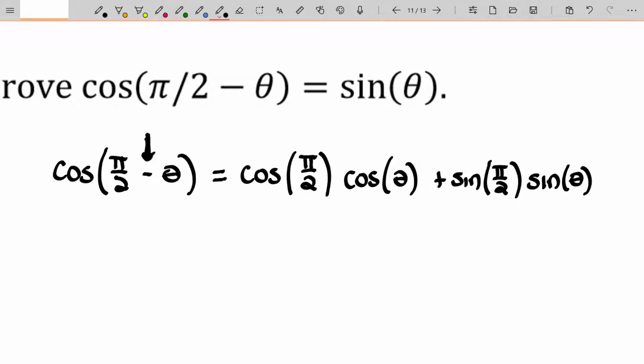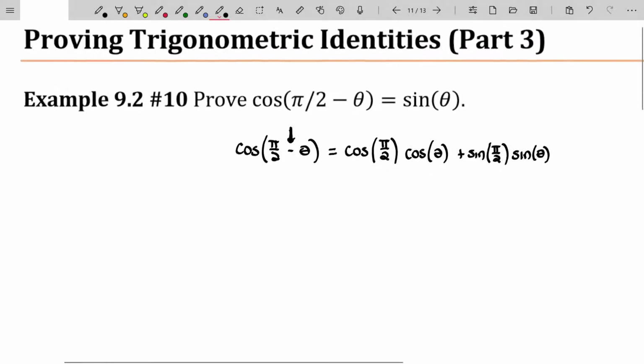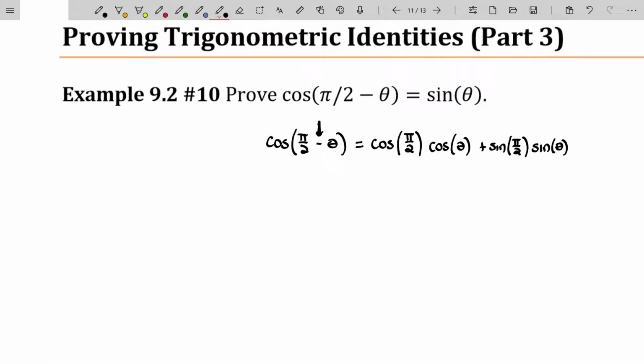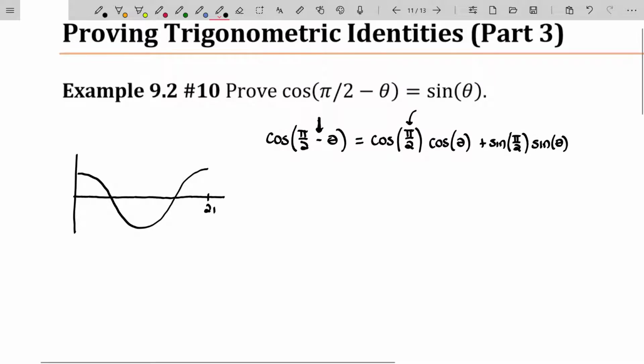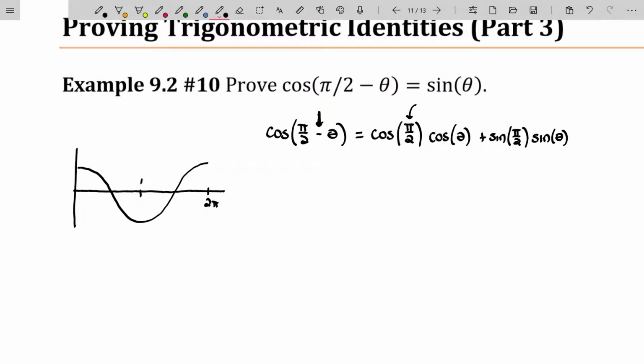And now we just evaluate these. Cosine of pi over 2. Oddly enough, I don't spend enough time talking about the quadrantal angles in trigonometry. So let me spend a moment to remind you, whenever you have an angle that lands on an axis, it's much easier to graph out the cosine curve and look at that curve to find the value at pi over 2.